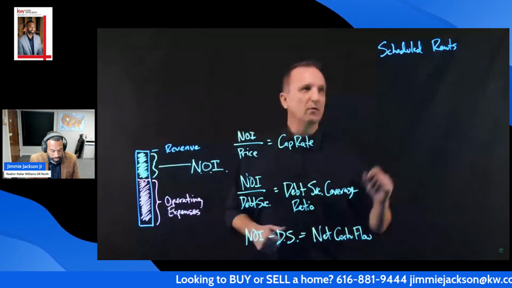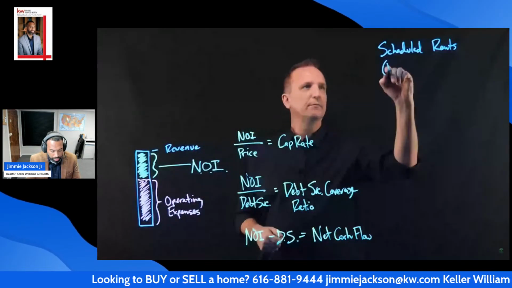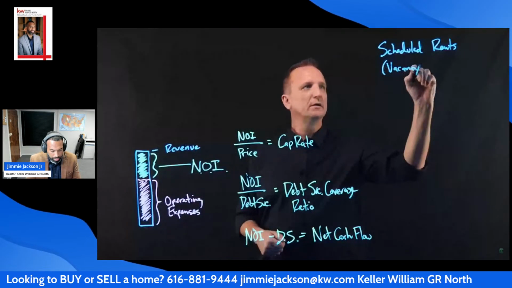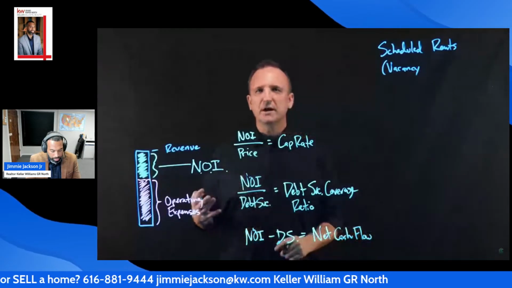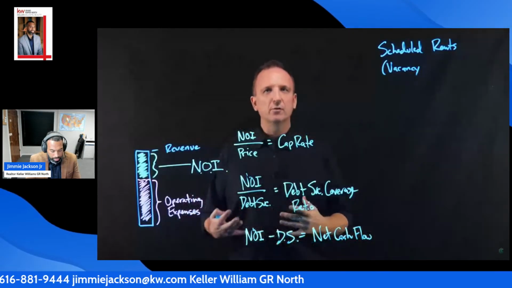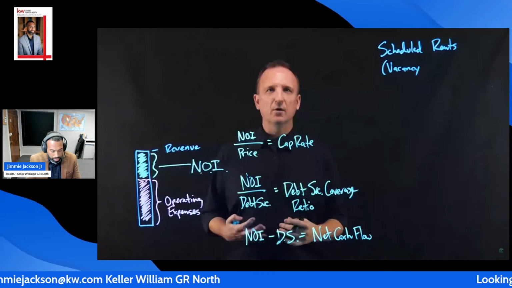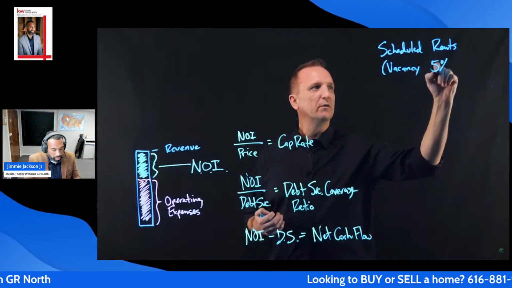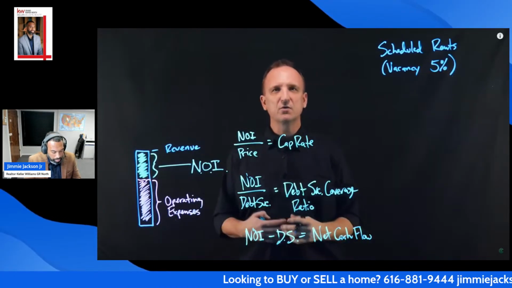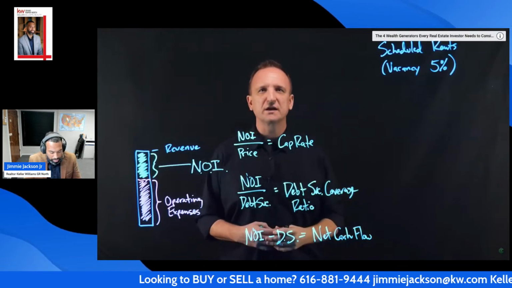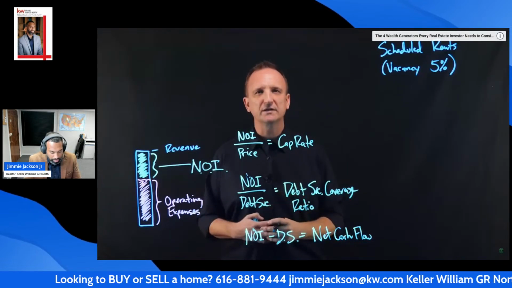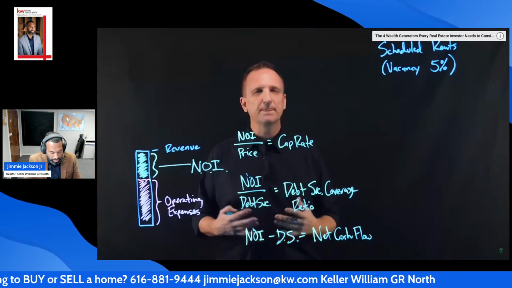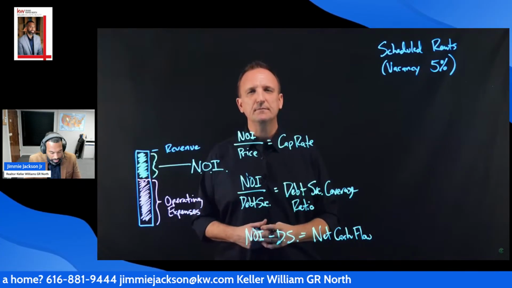From there, most of the time, we have an assumed vacancy. Vacancy can be variable depending on the market. However, we must always assume that some vacancy is going to happen, and the industry standard for at least multifamily or most investment properties is 5%.